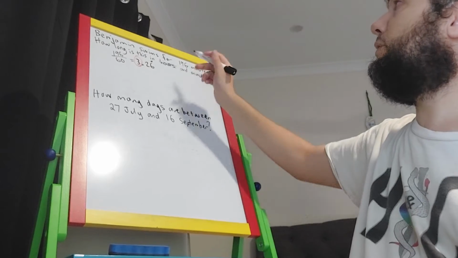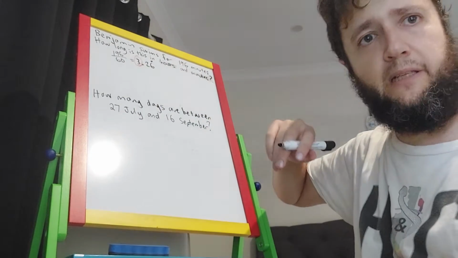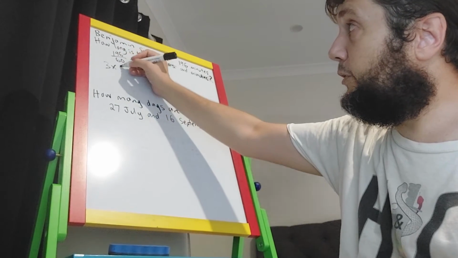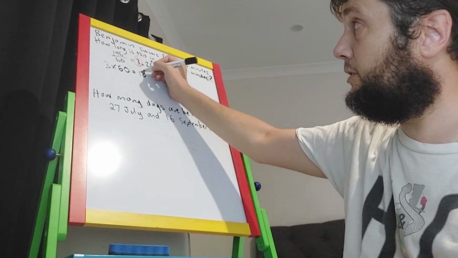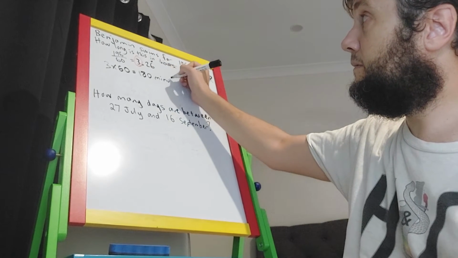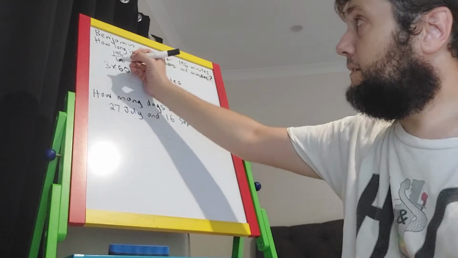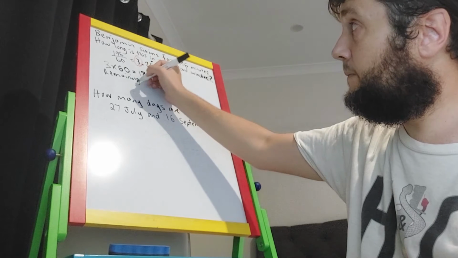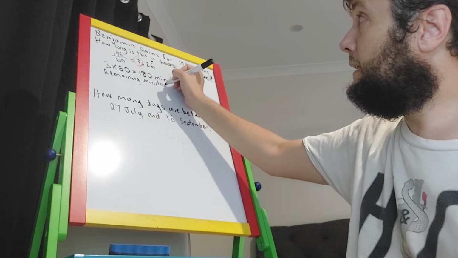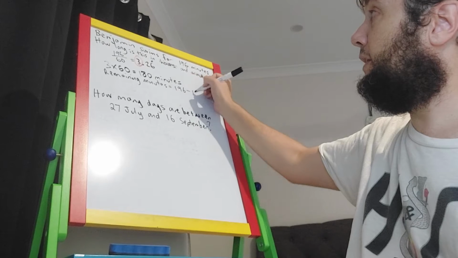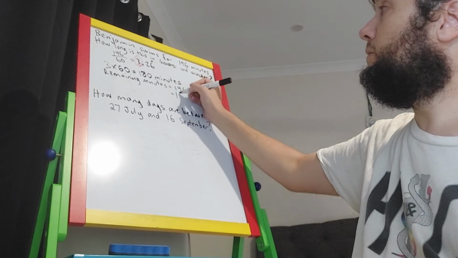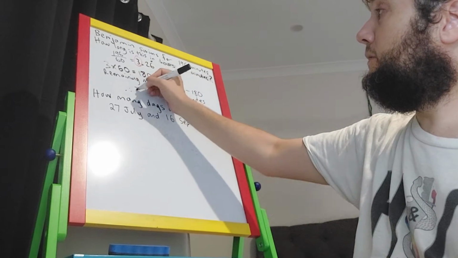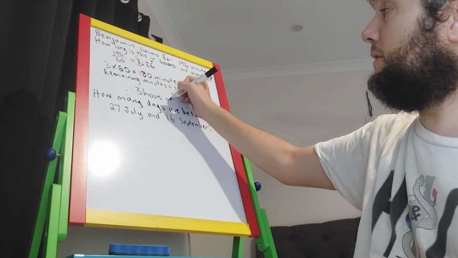So if you took 3 hours out of this, how many minutes would be left? So 3 hours, 3 times 60 is 180 minutes. So the remaining minutes is going to be 196, take away the 180 minutes. You have 16 minutes left. So therefore, 3 hours and 16 minutes.